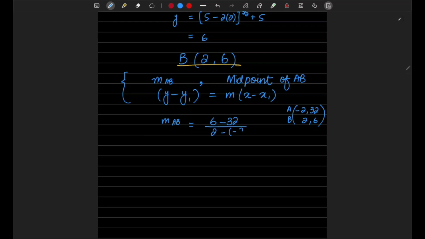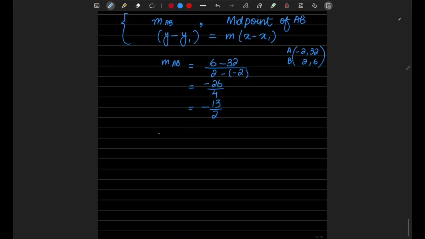So we will have minus 26 over 4, minus 13 over 2, which is the slope gradient of line AB. Now we actually need the perpendicular bisector slope. So the slope of the perpendicular bisector of AB would be 2 over 13, because negative reciprocal.